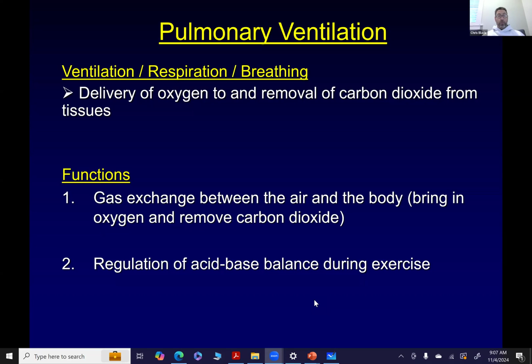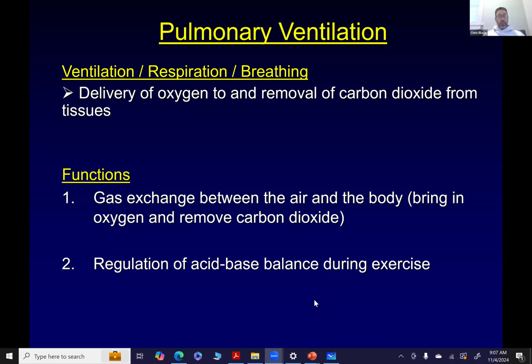We're going to use the act of breathing to bring oxygen in and to remove CO2, get that oxygen into our blood, and then circulate it out to our different tissues. But it's really going to be this gas exchange portion that's the really big piece of everything.